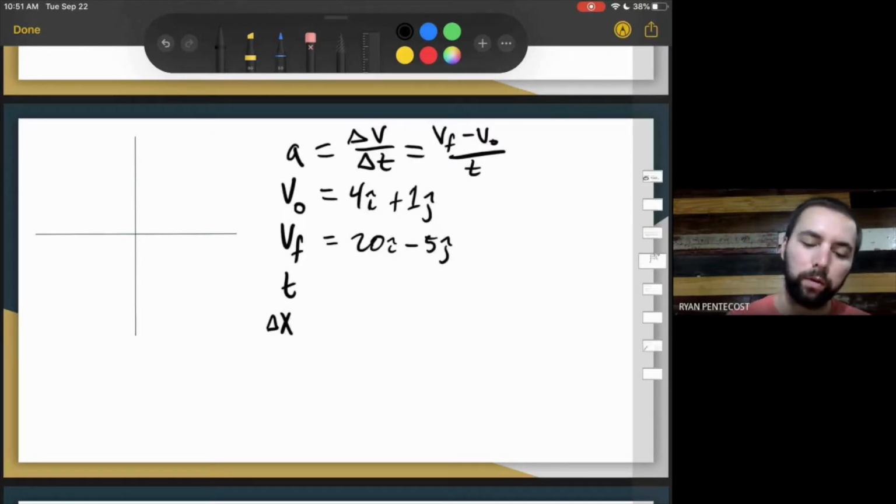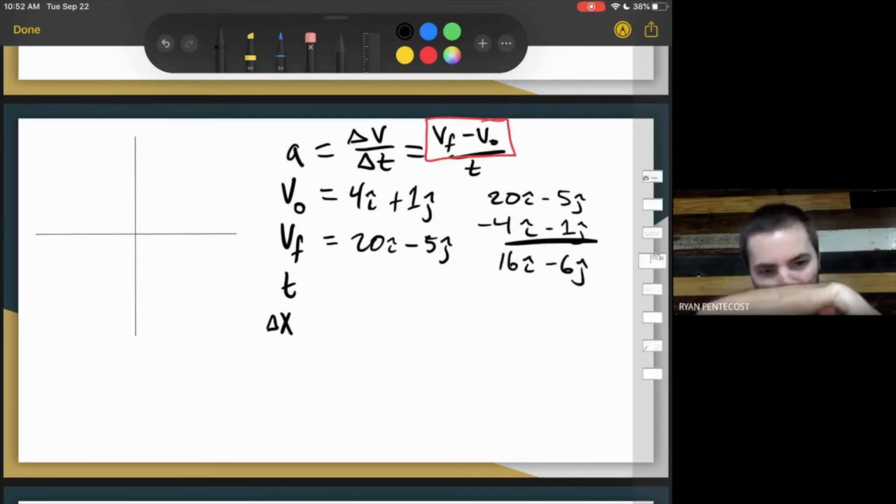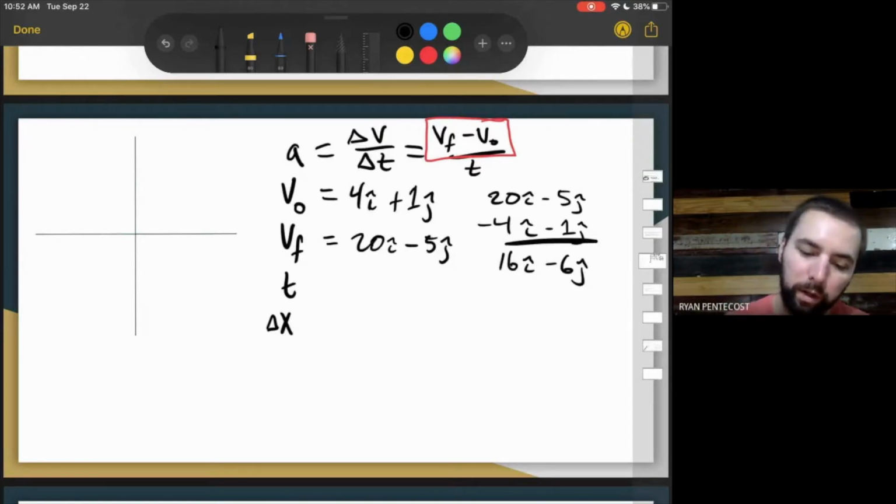Now, if we want to do this section right here, Vf minus V naught, what we'll do is we will just do a stack and rack of those vectors, but we'll subtract instead of add. So we have 20i minus 5j minus 4i minus 1j. That will give you 16i minus 6j. And that is our delta V, right? That is V final minus V naught.